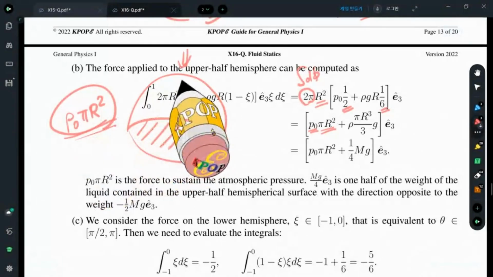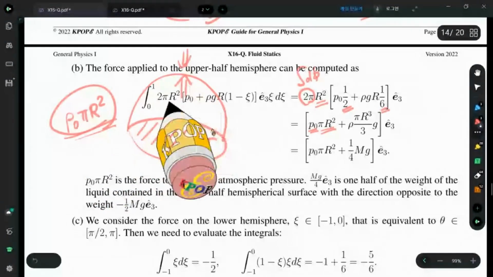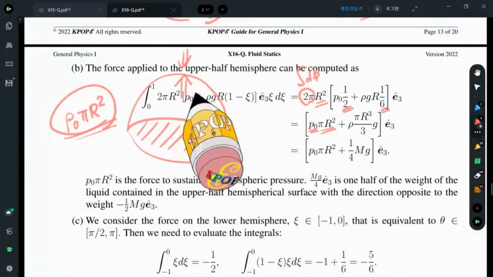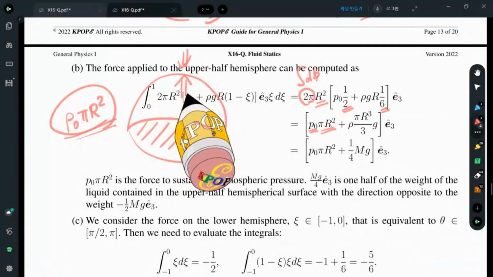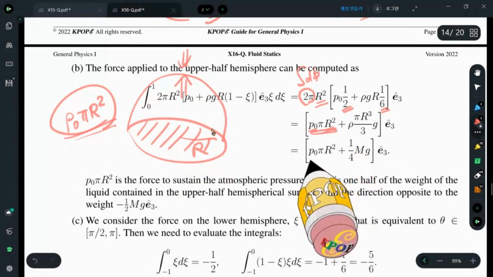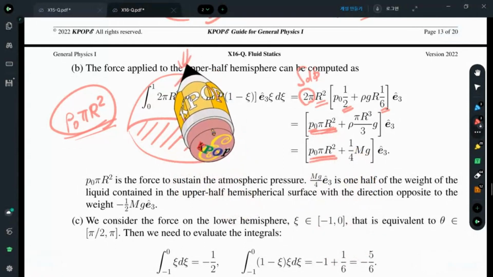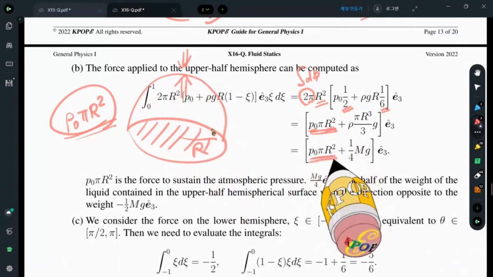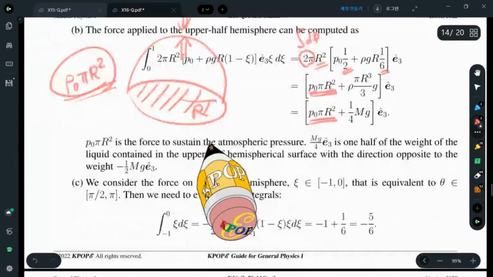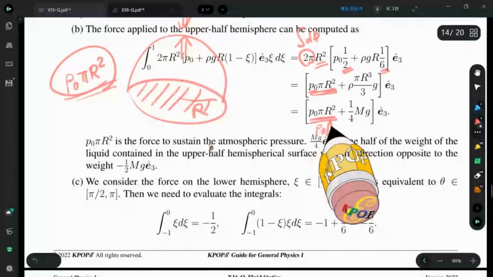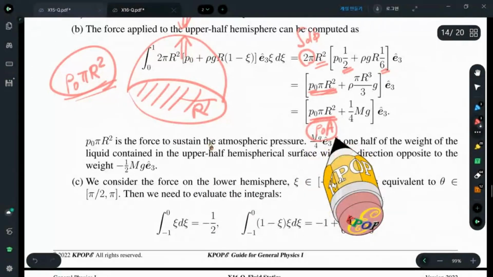Because it is coming out of the liquid, it is in the opposite direction, and the amount is equal. So this contribution is to sustain the atmospheric pressure, and that is exactly the same as P0 A, something like that.